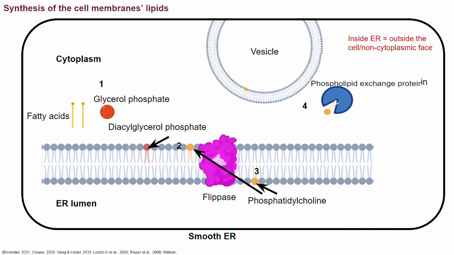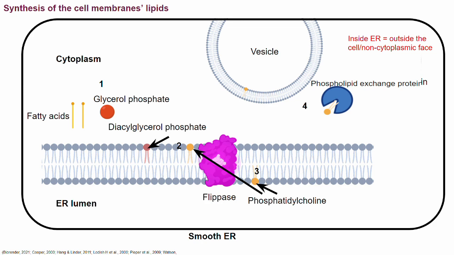So if the cell wants phosphatidylcholine, then this phosphate head of diacylglycerol phosphate is replaced with phosphate and choline. This is how you get phosphatidylcholine. If the cell needs phosphatidylinositol, then this phosphate head is replaced with a phosphate and inositol group.